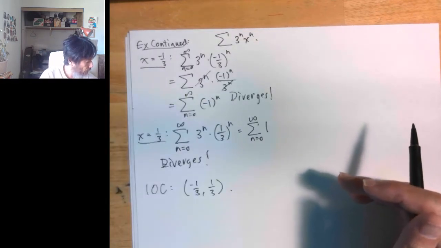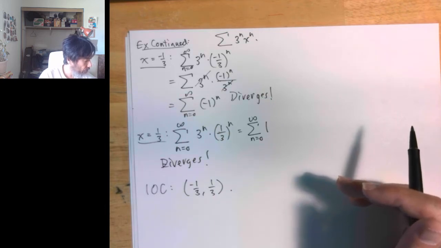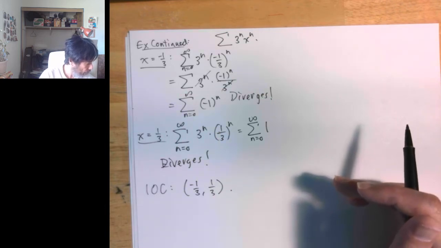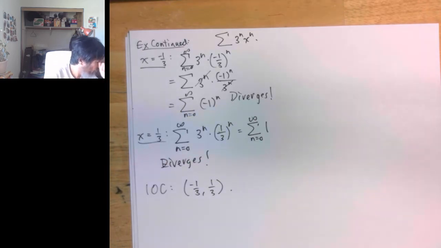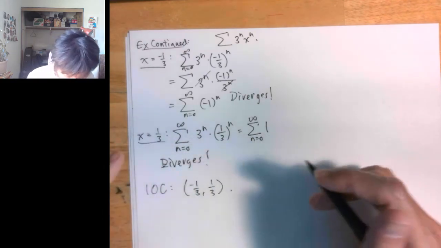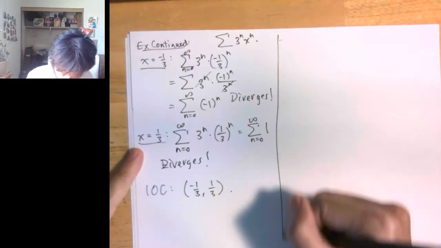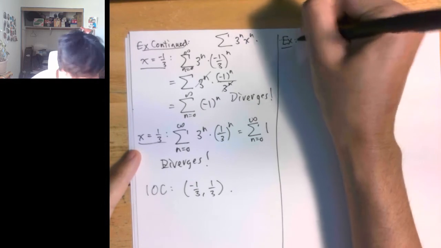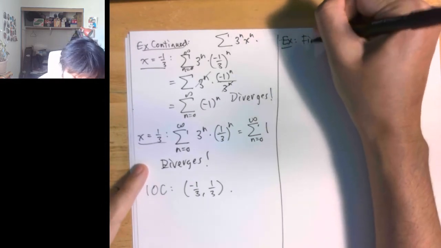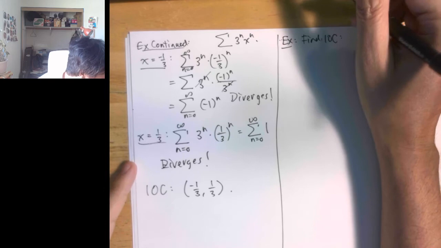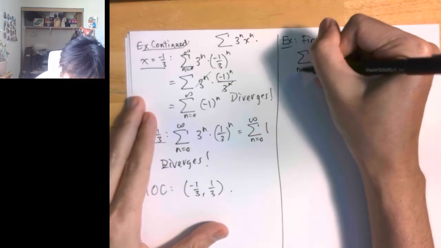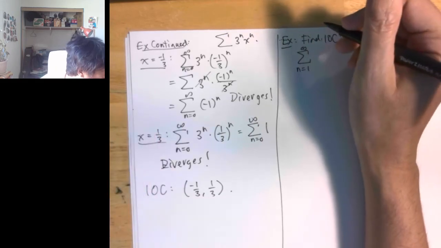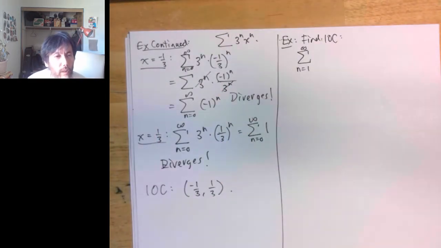All right. Let's, of course, do another example, shall we? Sure. Let's do this one. Let's find the interval of convergence for the following guy. We have the sum from n equals 1 to infinity.